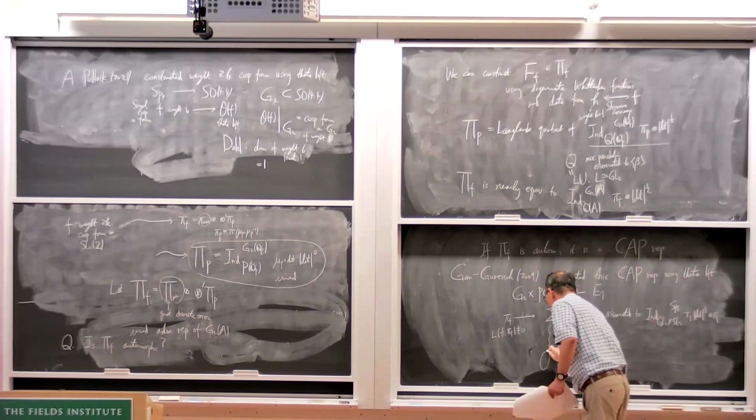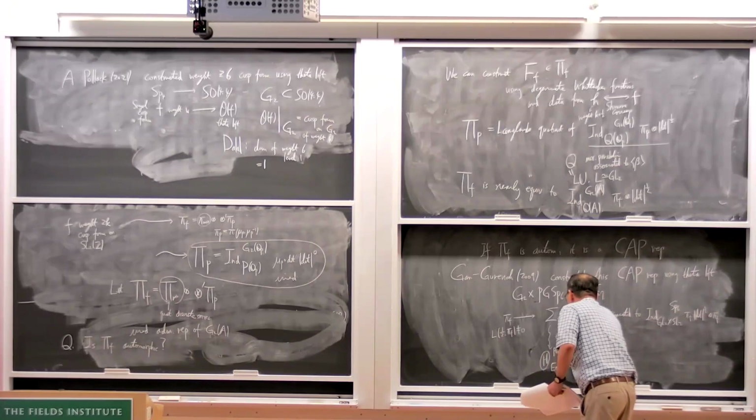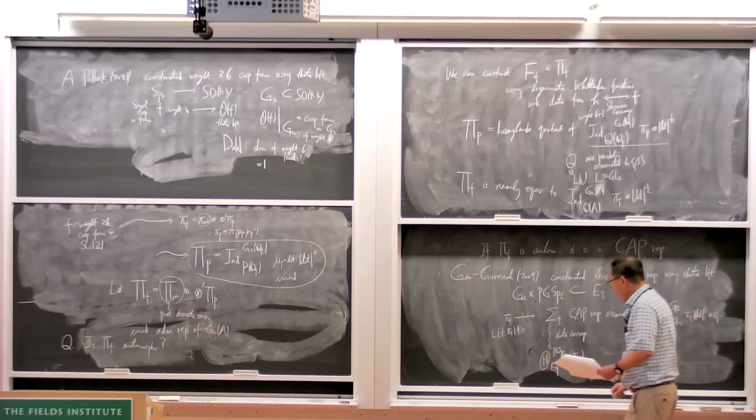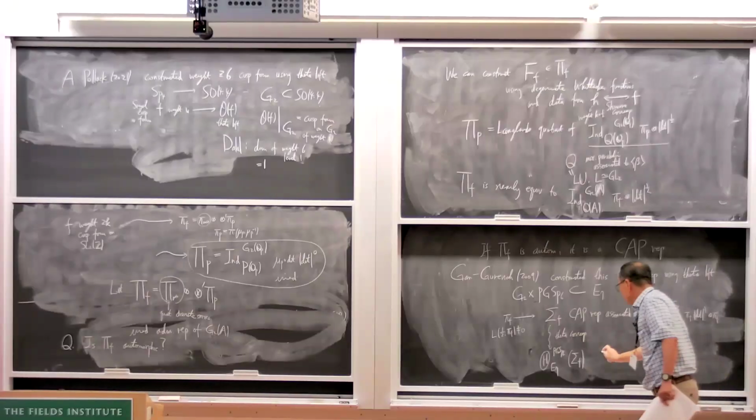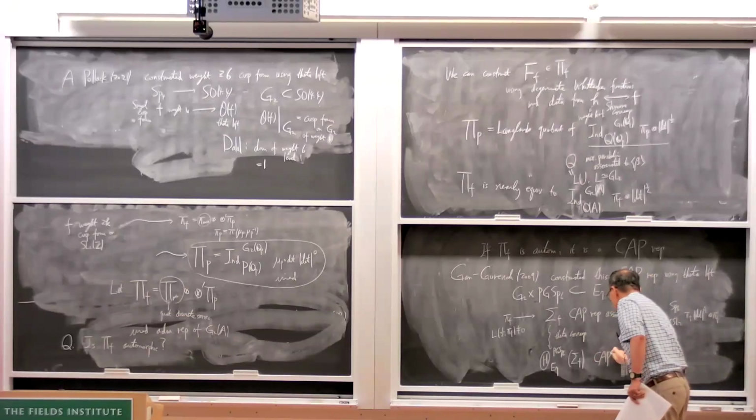Let me denote by theta E7 PGSp6 sigma f. And this is indeed the CAP representation of G2.